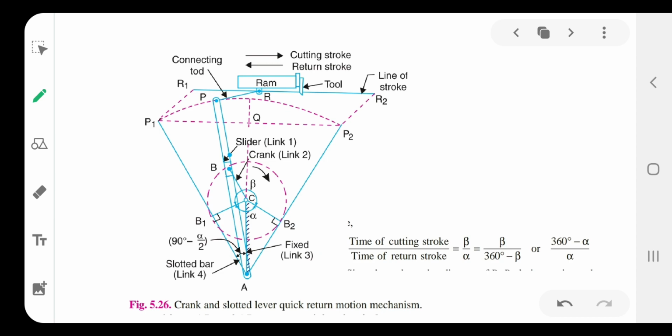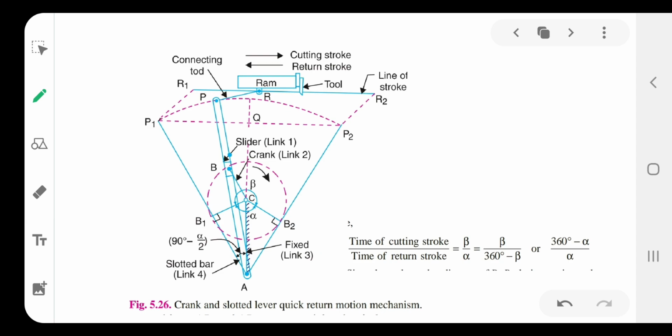The quick return motion mechanism is for the shaping machine. The forward motion of the tool is the cutting motion, and the reverse of the cutting tool is fast for the purpose of saving time, okay, in mass production. So for this particular need, the crank and slotted lever mechanism is used, okay.